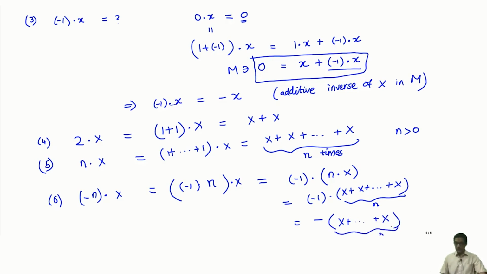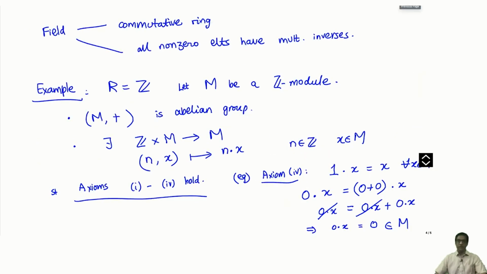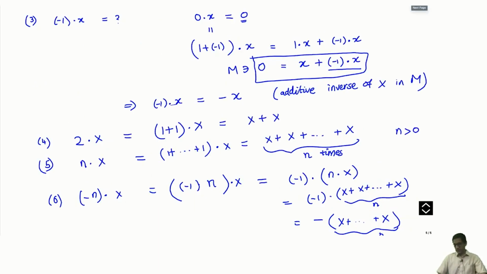Okay, so what does that mean? What have we managed to do so far? Just starting with the axioms, we never used anything more. We have figured out that there is really only one possible map that you can define which satisfies these axioms. The map Z cross M to M is almost forced in some sense. n dot x has to be one of these.